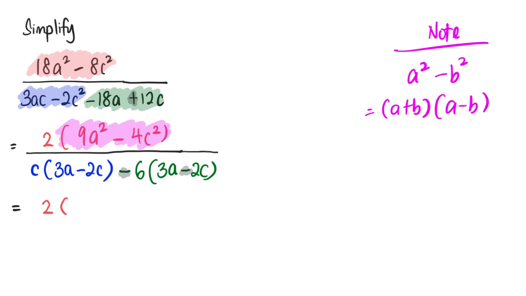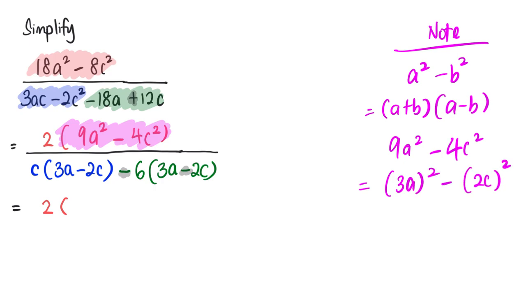Meaning, 9a squared minus 4c squared, I could rewrite it as 3a squared minus 2c squared. 3 times 3 is 9. A times a is a squared. 2 times 2 is 4. C times c is c squared. To give me this factorized form, which I'm going to write into the question.